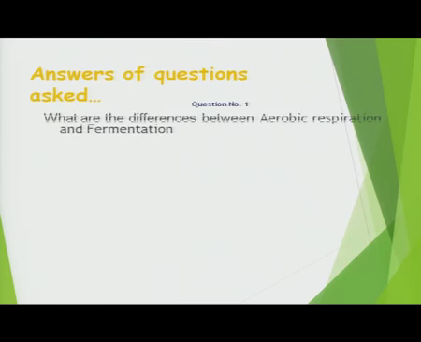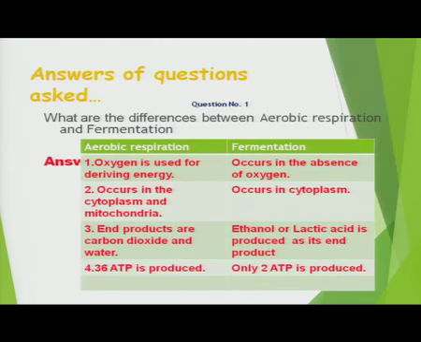My second question is, what are the differences between aerobic respiration and fermentation? In aerobic respiration, as the term indicates, oxygen is used. Fermentation occurs in the absence of oxygen. Aerobic respiration occurs in both cytoplasm, where glycolysis takes place, and mitochondria, where the Krebs cycle and oxidative phosphorylation, the electron transport chain, take place.